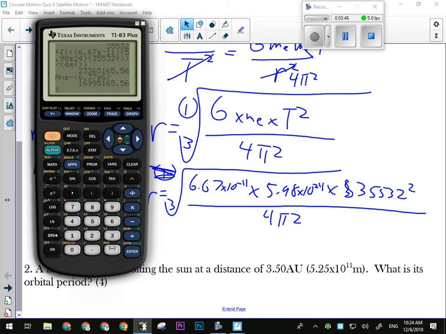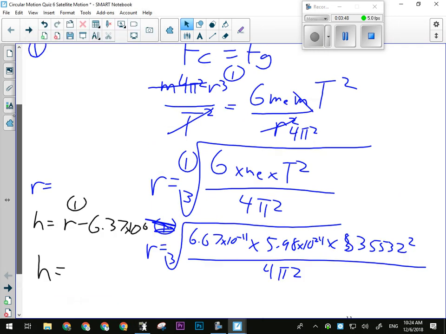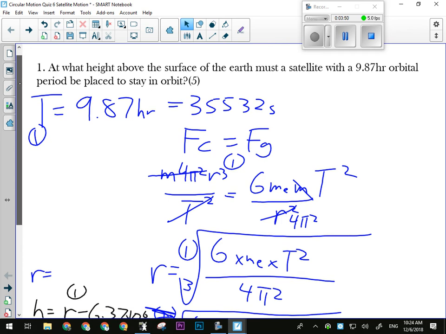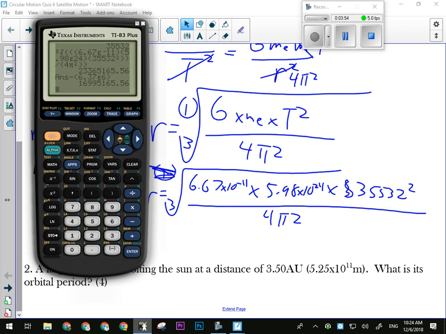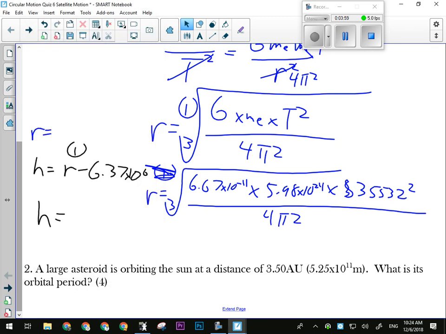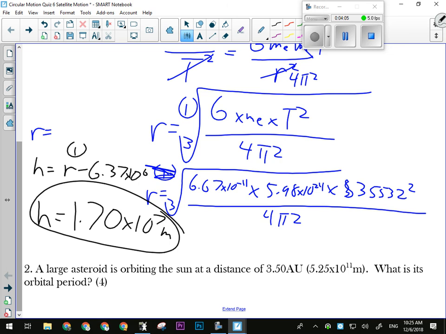Our actual height, to 3 significant figures, will be 1.70 times 10 to the 7 meters. Fifth and final mark.